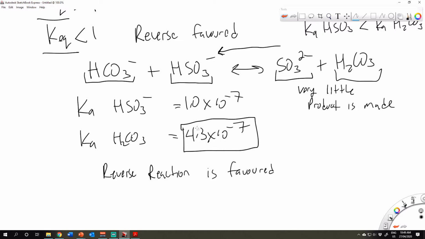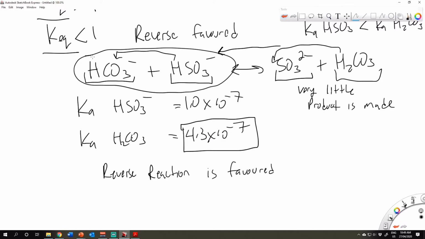So it could be like, HSO3- forces the HCO3- to get its hydrogen to become H2CO3, but it's not very strong, and the H2CO3, once it gets created, is basically like, nope, I'm good, you can have your H back, and then just forces the reaction to stay on this side of the equilibrium.